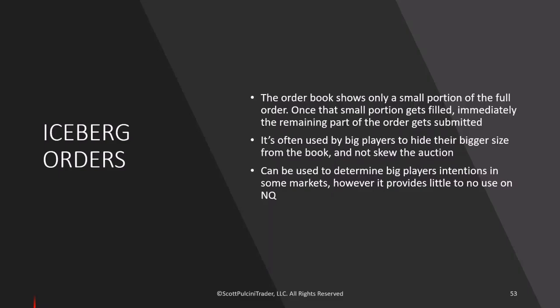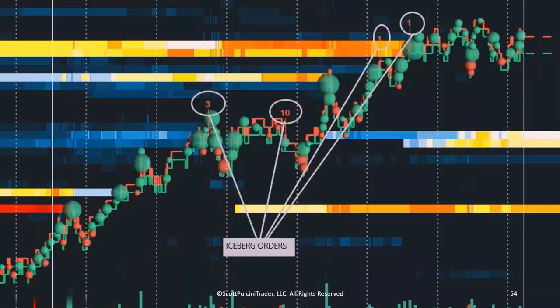This iceberg order can be used to determine big players' intentions in some markets. However, in my opinion, it provides little to no use on NQ. You'll be like, why do you show it? Because it's more a matter of understanding the market, but effectively I don't really use iceberg orders to make any trade decisions.